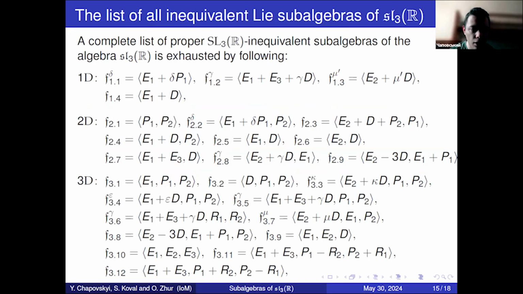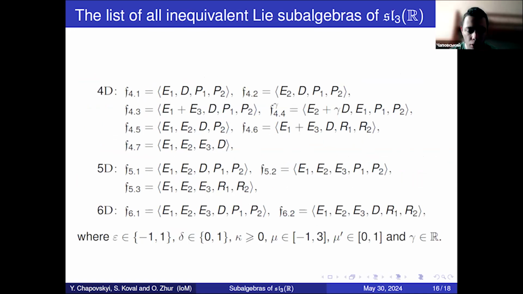Next, I would like to show you the main result. This is a complete list of proper SL3 inequivalent subalgebras of the special linear Lie algebra of rank 3 over the field R. It contains 3 dozens of subalgebras, almost 40 actually.